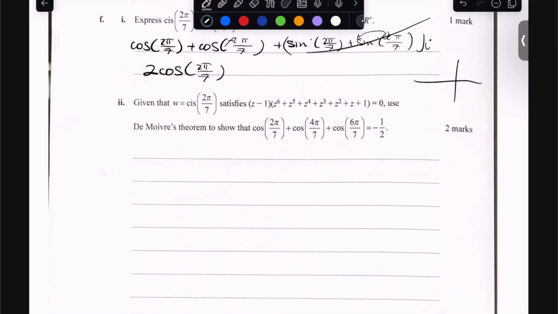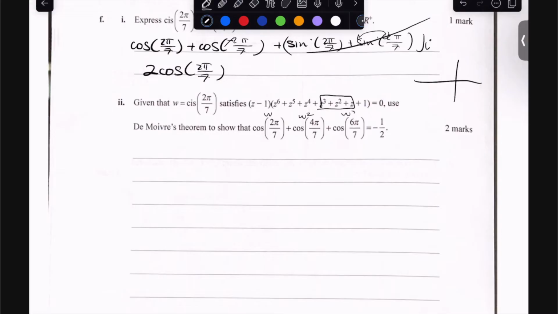Use De Moivre's theorem to show that those sums is equal to negative 1/2. So this is basically w squared, this is w, and this is w cubed. So that makes up that part there. And the rest are the other solutions.